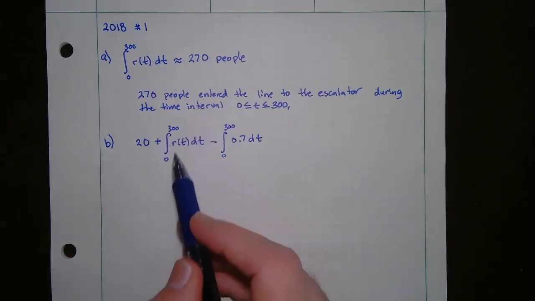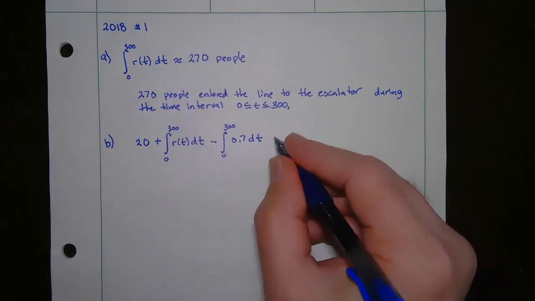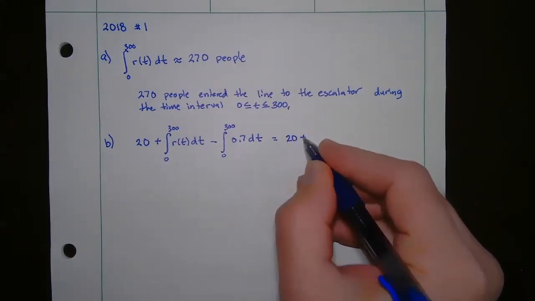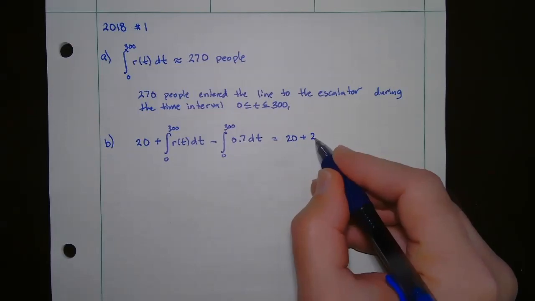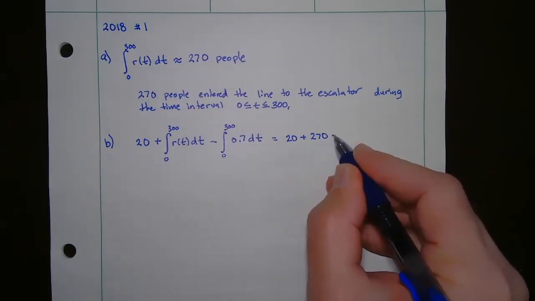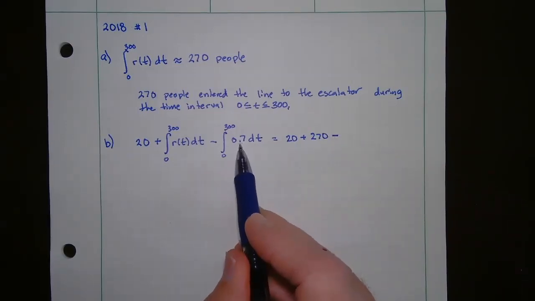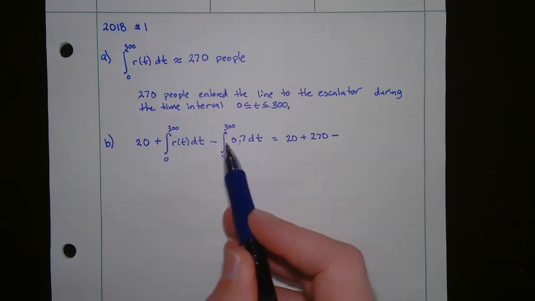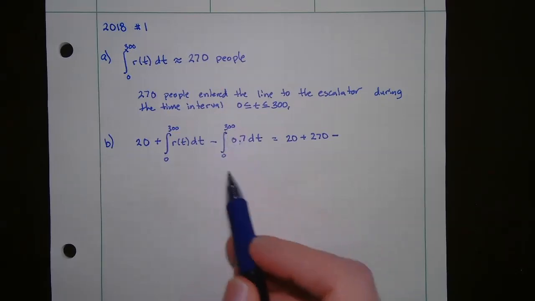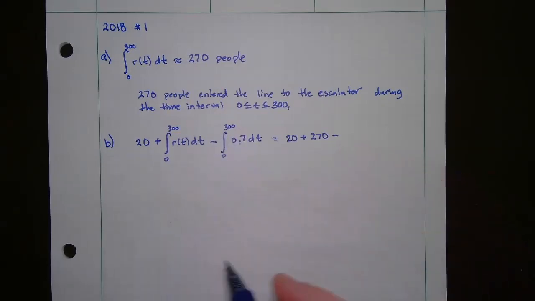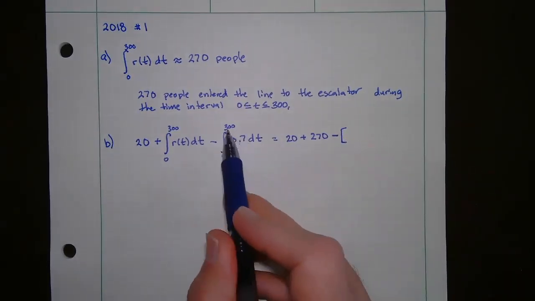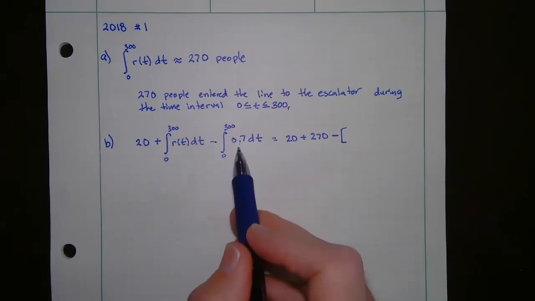Now, this first one we already know, right? It's 270. We just figured it out up here, so we don't have to do that again. So this would be 20 plus 270 minus, and this is a really easy integral to do, because it would be 0.7t when we integrate it. And then we put 300 minus 0. This is a lesson I taught you guys: when you integrate a constant, you can just take the constant times the upper limit minus the constant times the lower limit.